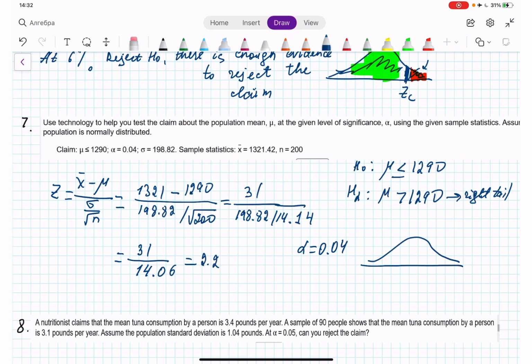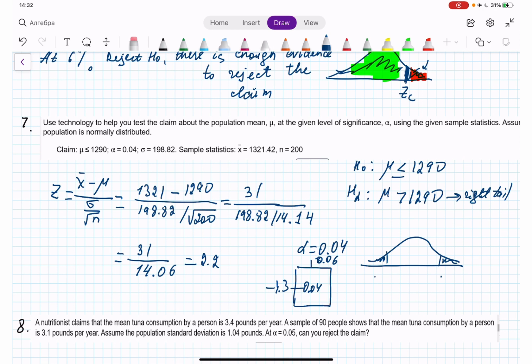One way, remember when I had two tails, I said these tails are symmetric and equal. It's just one with negative, one with positive. So I will take 0.04 in the z-score table with negative values, and find how much it is. It should be negative 1.36. That's for 1.3, here will be 0.06.